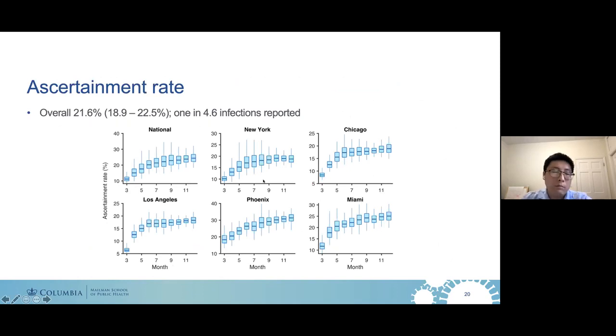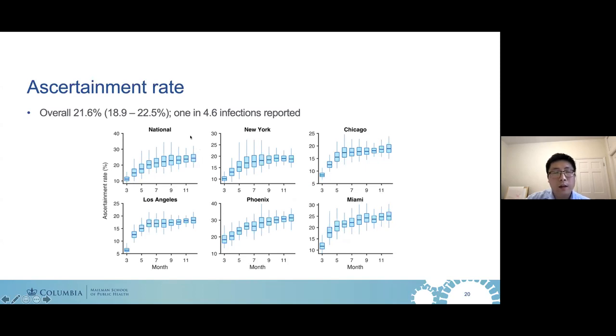So with this model calibration, we first look at the ascertainment rate, the fraction of infections that were captured by the surveillance system. So nationally in the US during 2020, the overall ascertainment rate was estimated to be 21.6%. That means only 1 in 4.6 infections were reported in the US. The ascertainment rate increased from about 10% in March to about 25% in December.